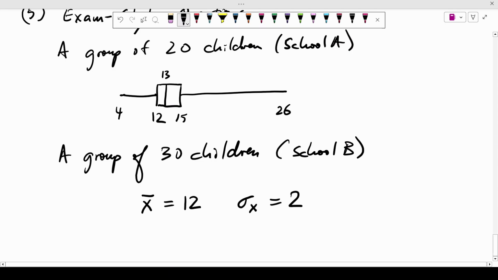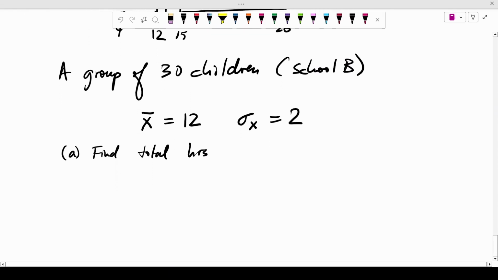Okay, the population standard deviation. And the question says, find the total number of hours this group spent playing video games.